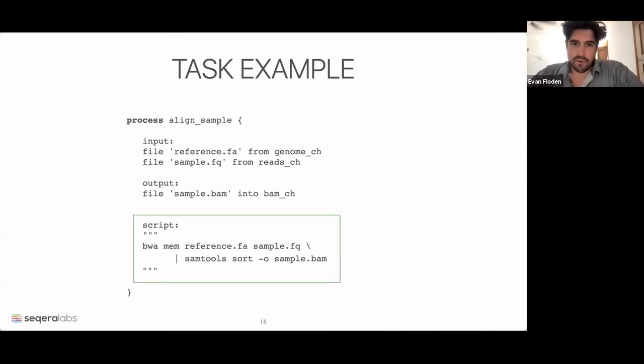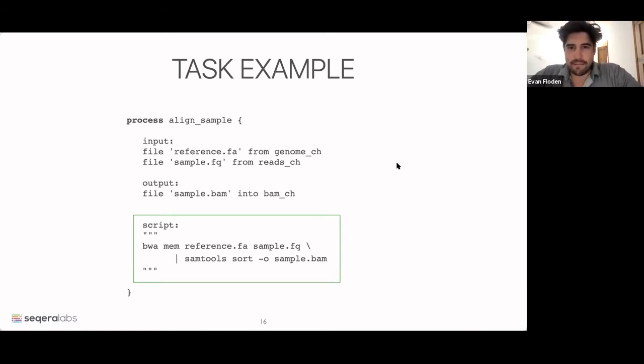The thing that maybe looks a little bit different here, and maybe you haven't seen before, is what is this genome_ch or reads_ch and bam_ch? Well, those are what we call channels, and they're the real key to Nextflow, at least in terms of the data flow programming side. Consider the BAM channel here.